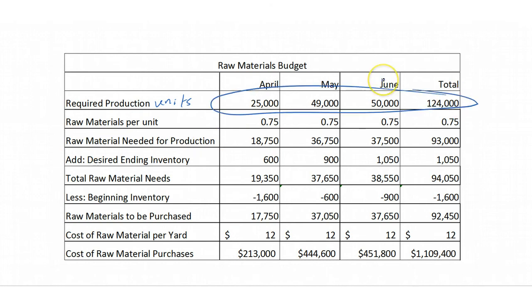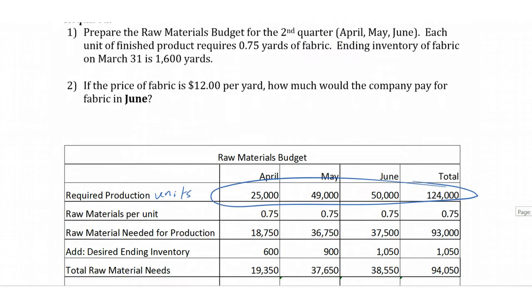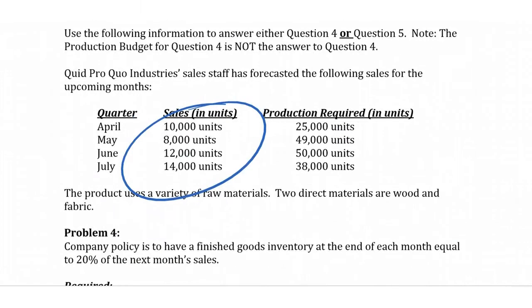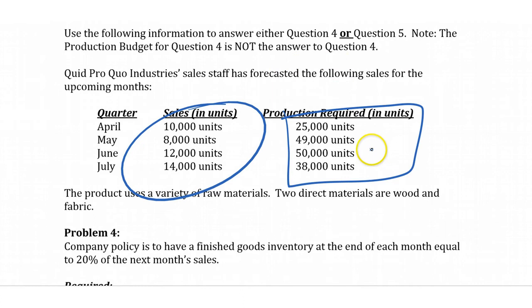So this raw material units comes from the problem right here, our production requirements. So remember, you do 4 and 5 kind of independently. This is the information we'll use for 5, and we'll need a little bit of that, but right now we'll use this. It is not what we calculated in 4.